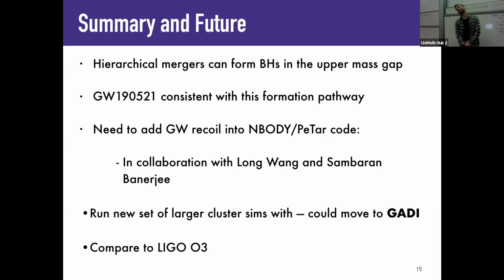Ideally, you'd want to have at least upwards of 5 times 10 to the 5 solar masses to help retain higher amounts of these second generation black holes. But again, no one's really able to do those sorts of simulations yet with calculations of gravitational recoil. So I can't really speak on it yet, but that's hopefully what I want to do in the near future.